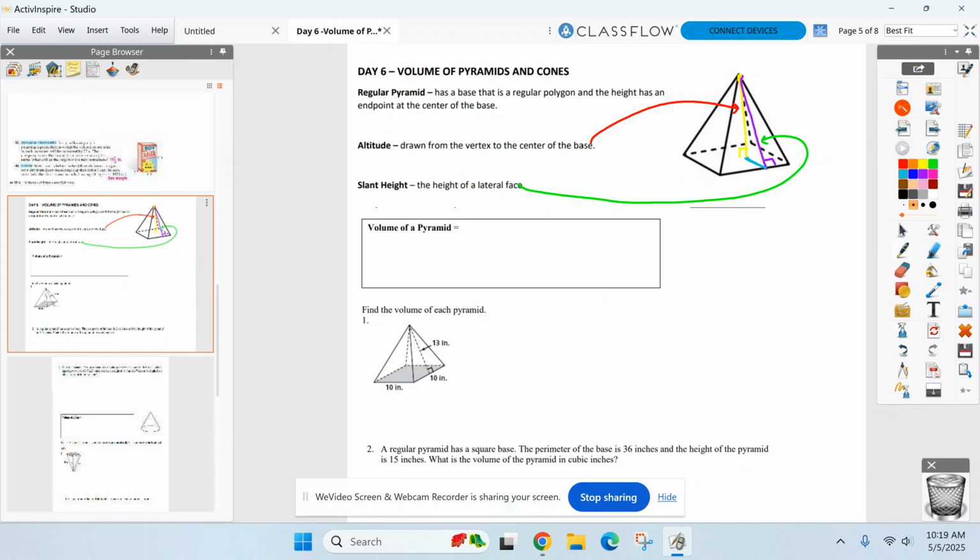Let's go formula now. It is different than prism and cylinder. Turn to the back of your packet, please. We added a little fraction onto the formula, didn't we? Now for a pyramid, we're still going to do capital B times H, but the big part, now we're going 1/3.